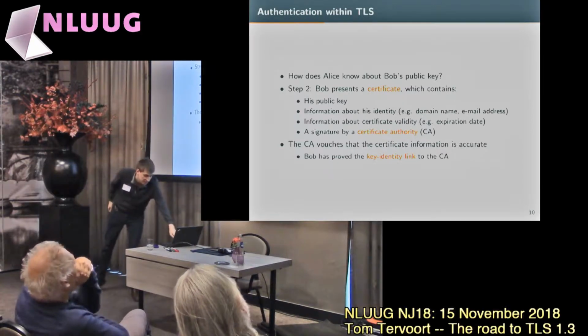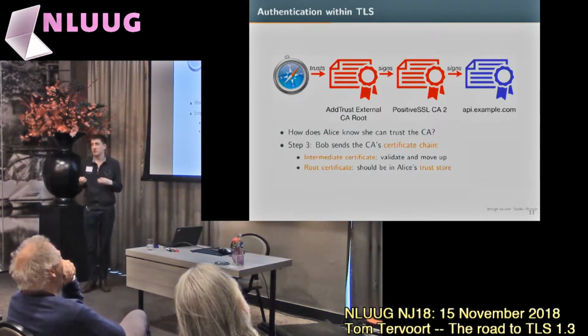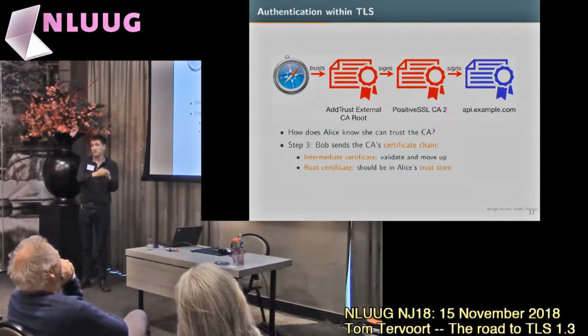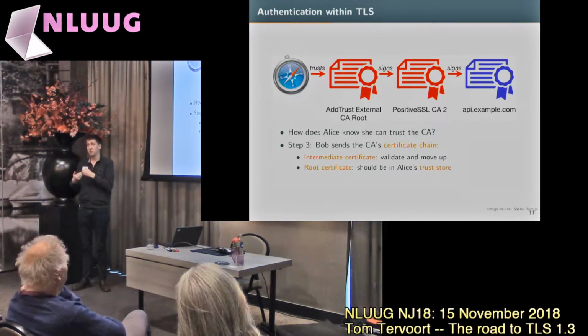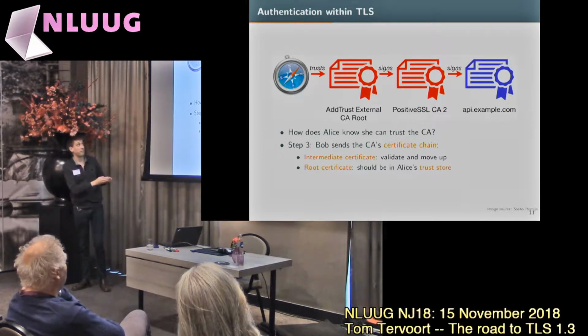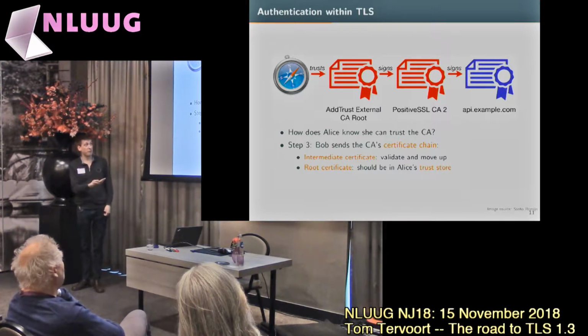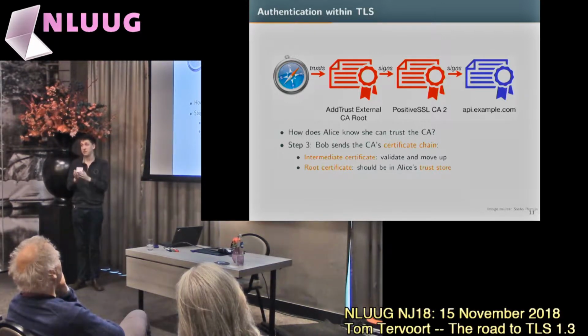Of course, Alice is not done yet at this point, because now she knows that some CA has vouched for the identity of Bob, but then Alice has to determine whether or not she trusts the CA. So how this works, either the CA has a certificate themselves, a certificate authority certificate, and the protocol can end there, or the CA has a certificate that's signed by another CA.